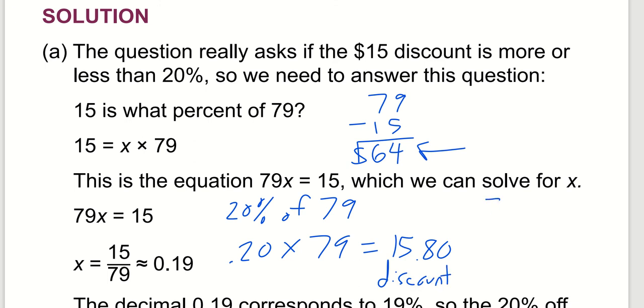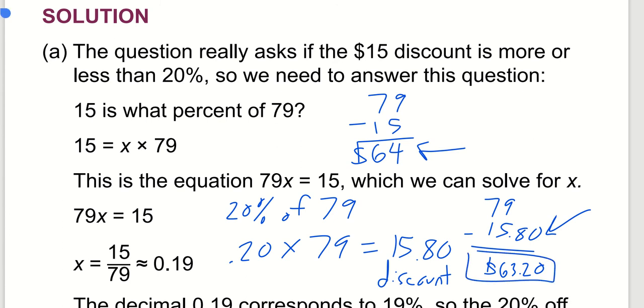If we then wanted to see what the purchase price would be, it'd be 79 minus 15.80 for a total purchase price of $63.20. So obviously the 20% off coupon, that's the one that's going to give us the biggest discount. So that's the one that we're going to use. And then the purchase price for this would be the $63.20.